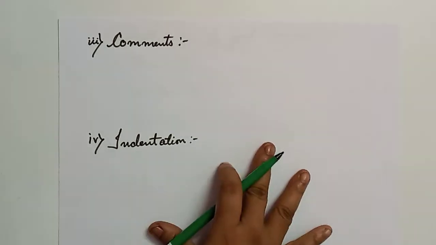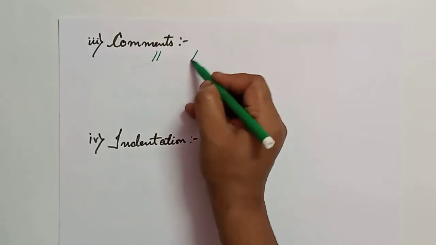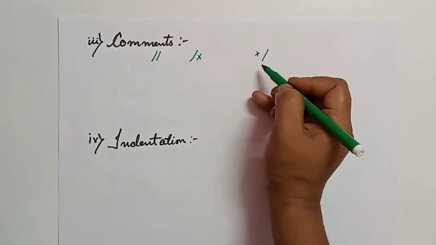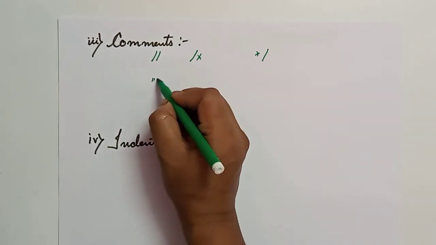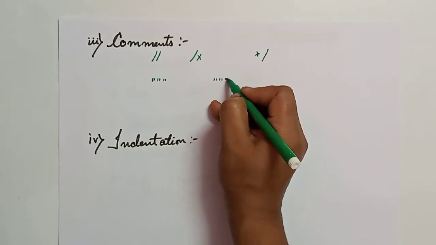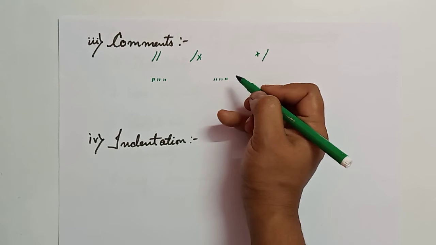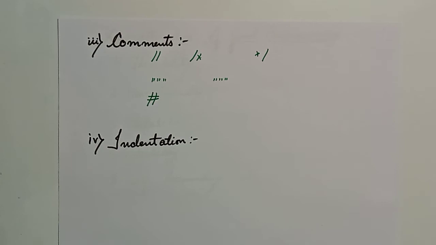In the C++ programming language, this is the single comment line, and this is the multiple comment line. A block comment is implemented in Python by using this. And if you want to implement a single line comment in Python, we use hash. So these comments play a very important role in providing extra information in programming.